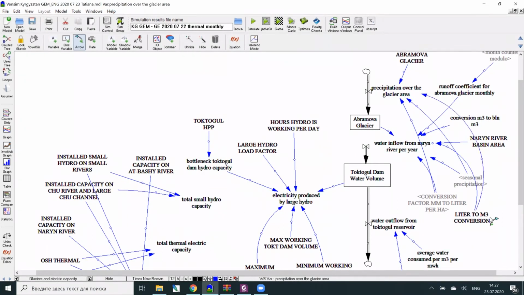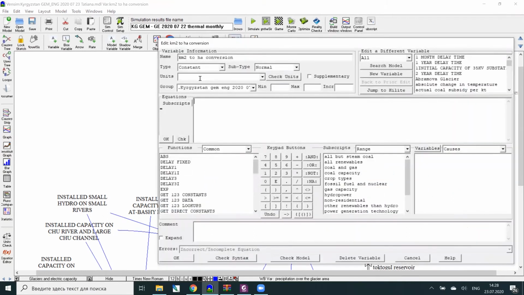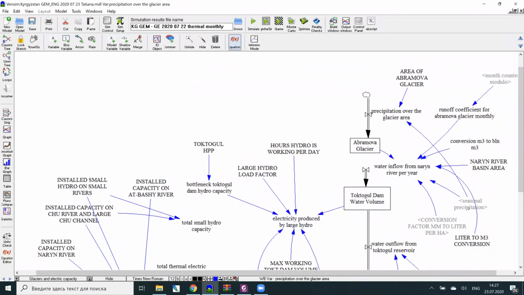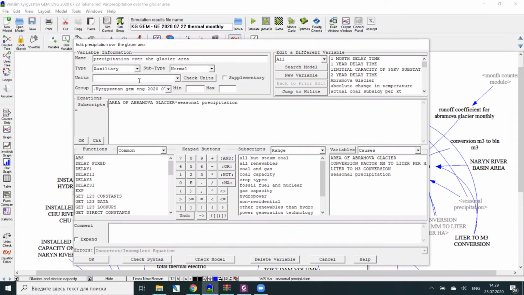We do have that somewhere. So then this will be in cubic meters. This one should be billions of cubic meters, and this should be in kilometers. Month is fine.